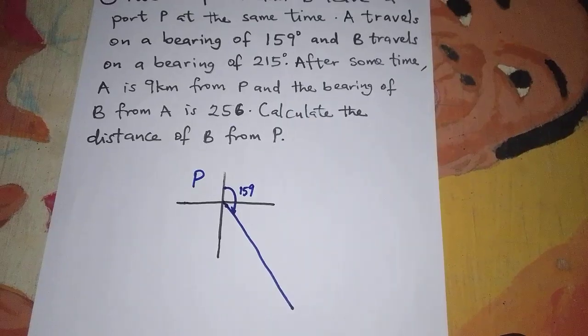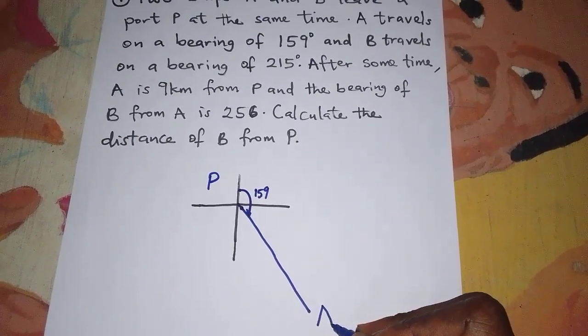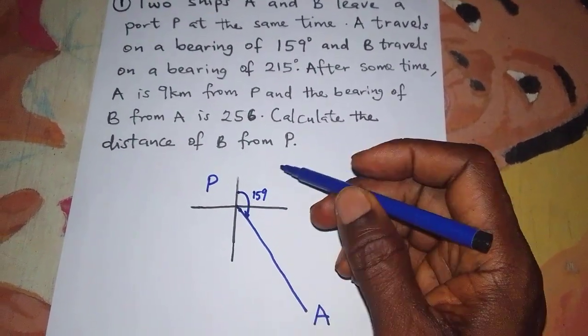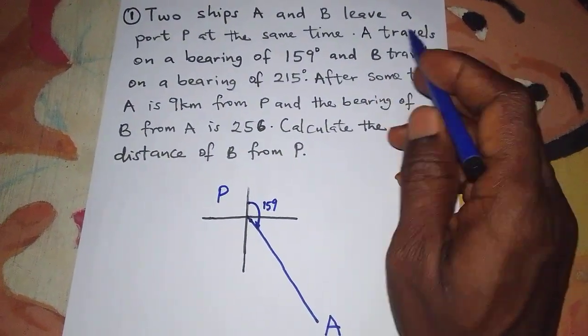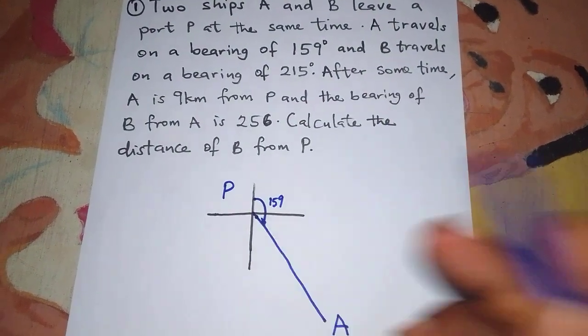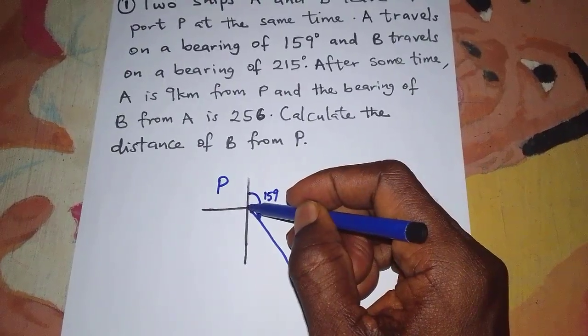That's 159 degrees. So this is A traveling on a bearing of 159 degrees, and B travels on a bearing of 215 degrees from the port. Two ships A and B leave this point at the same time.